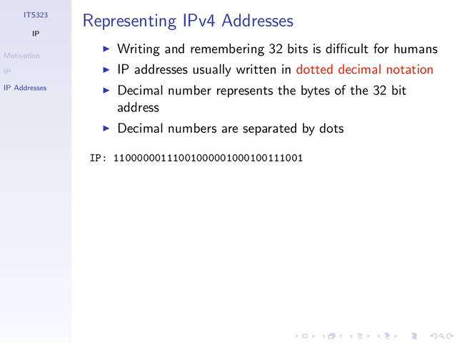What's the first decimal number here? Anyone can work it out? We have 1, 1, followed by 6 zeros, where this is the most significant bit. In decimal, 192. You can use your calculator. 128 plus 64, 192.